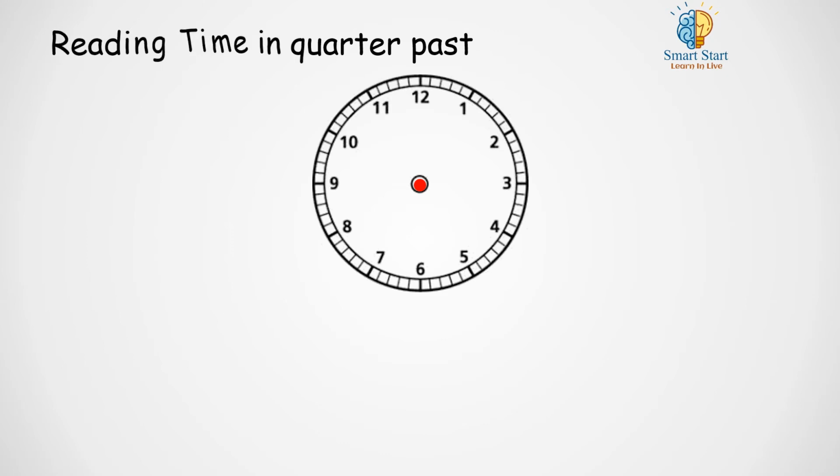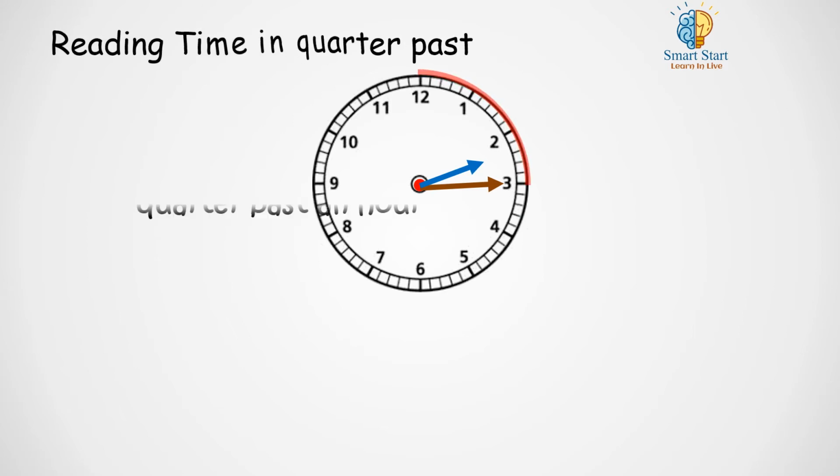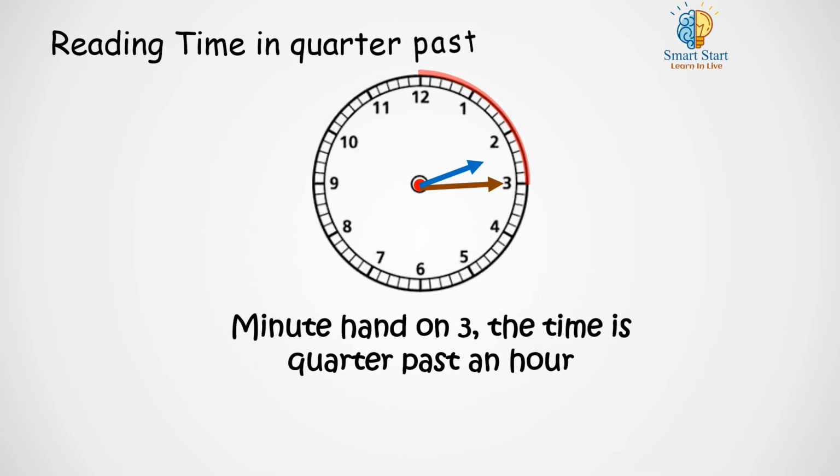Take another example. When the hour hand is at 2 and the minute hand is at 3, between 12 and 3, there are 15 divisions. This means 15 minutes are completed after 2.